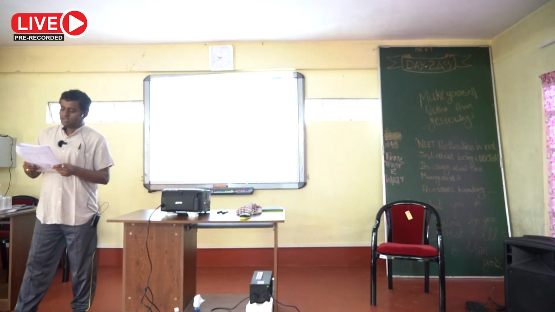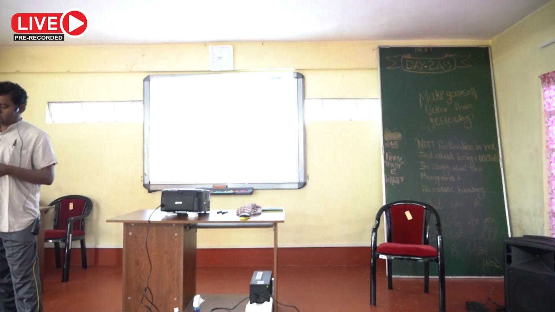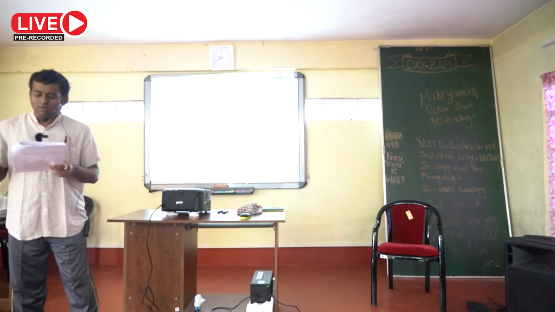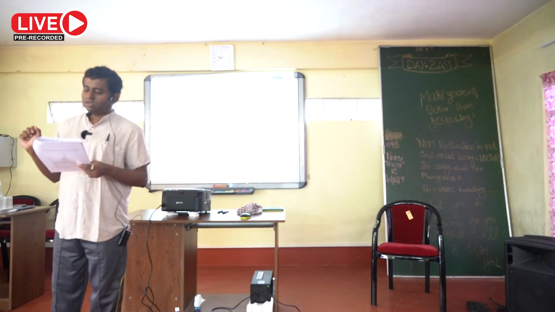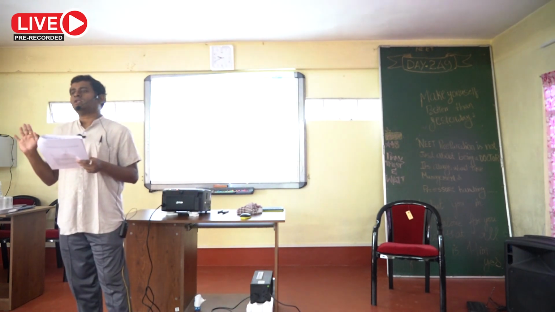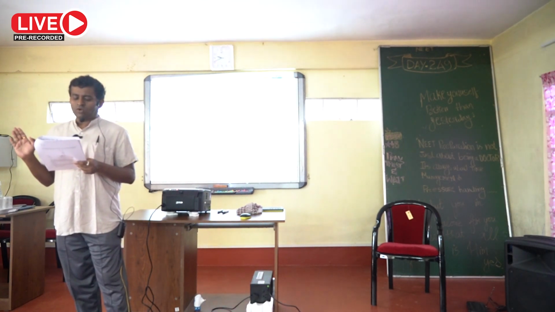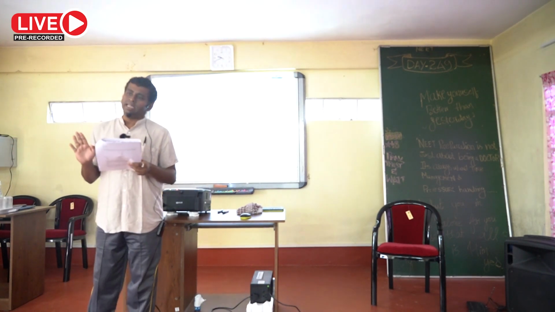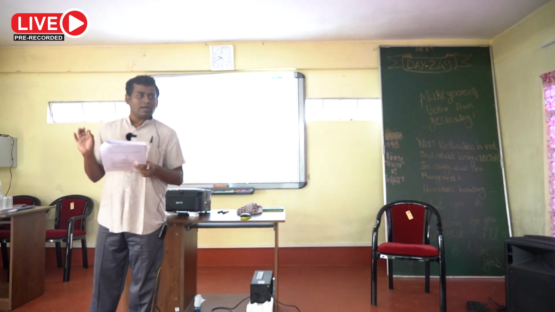See, the first question: Planck's constant, speed of light in vacuum, and Newton's gravitational constant are three fundamental constants. Which combination of these has the dimension of length? So what you have to do?